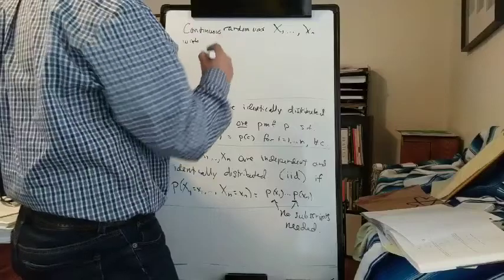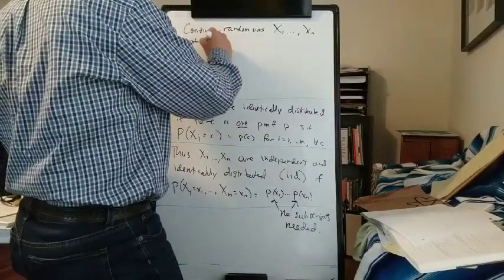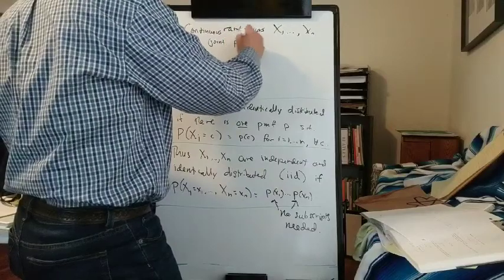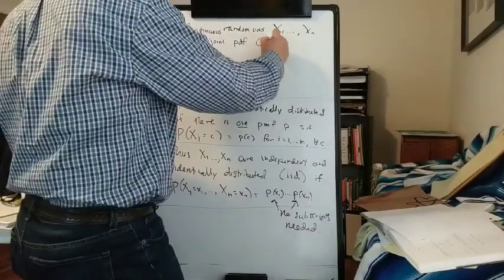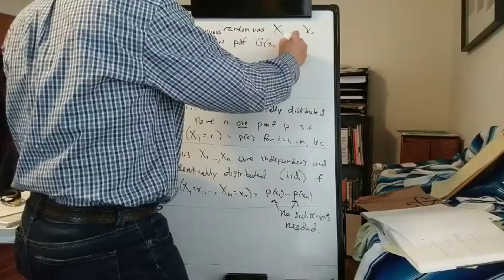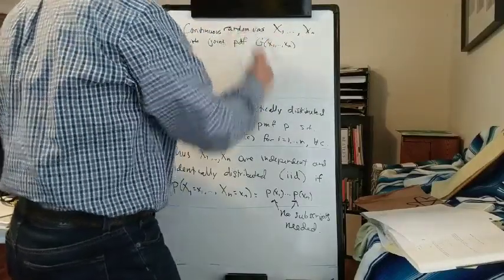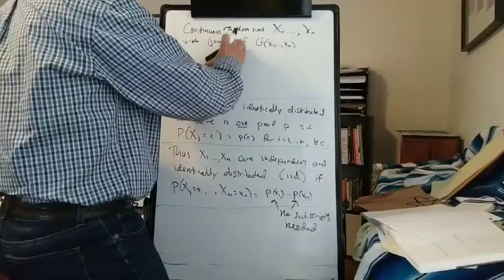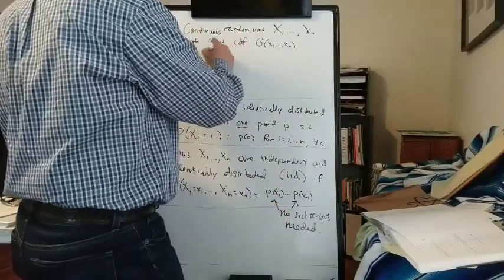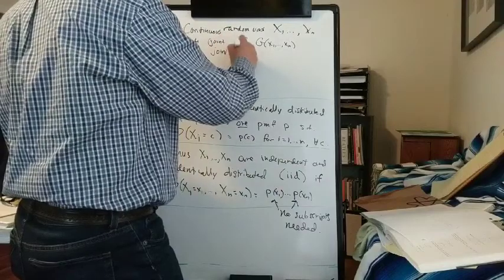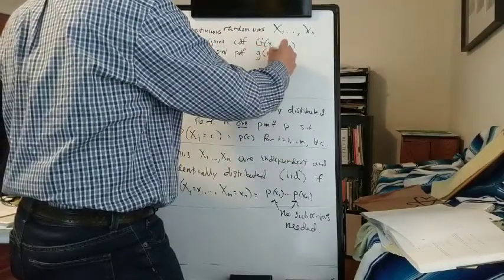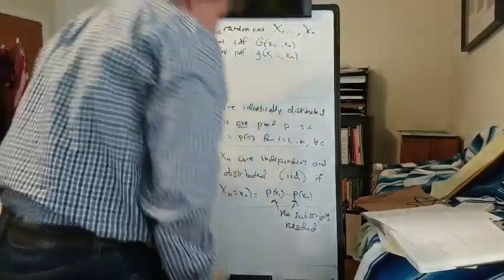So with joint cumulative distribution function, let's say capital G, and joint probability density function little g.